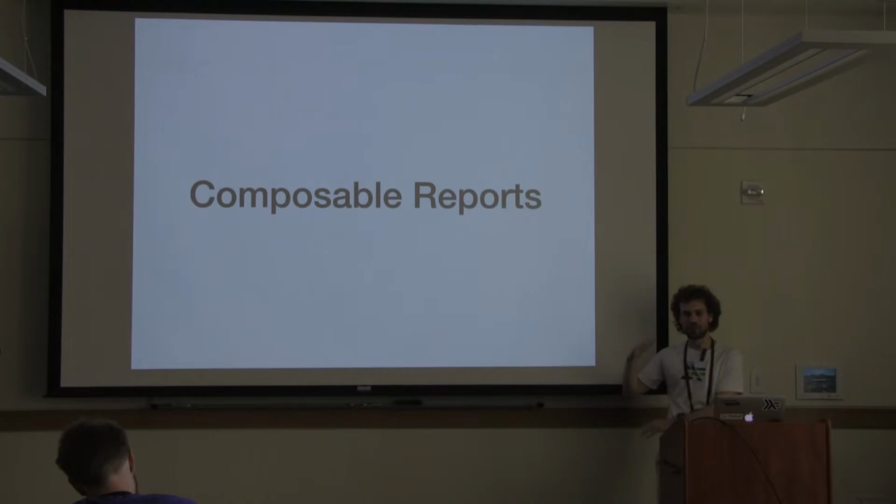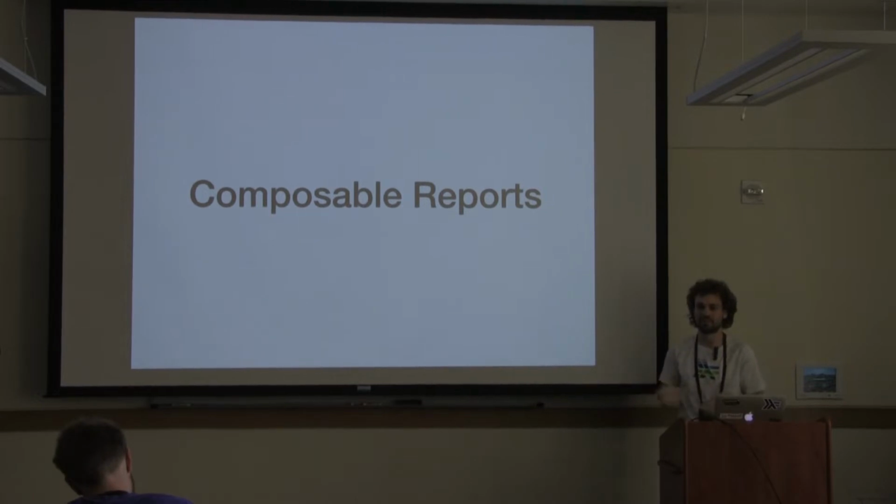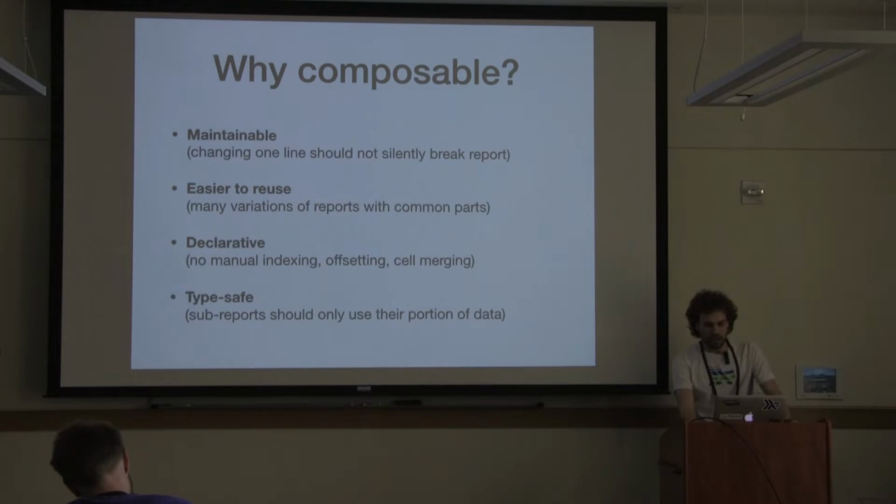After seeing this first iteration, we immediately decided that it's not the way to go. So we had to build some sort of DSL to support our workflow. The first thing we wanted is maintainability. We wanted to maintain all these report templates.